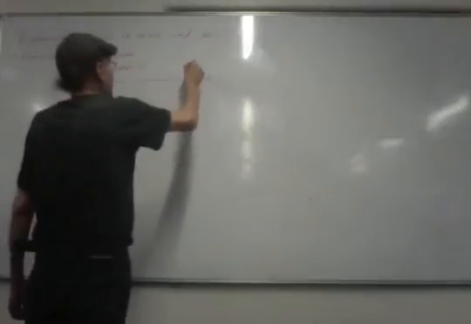So here on this axis we have the density. And the density of a granite, for example, we have here granite, here we have basalt.